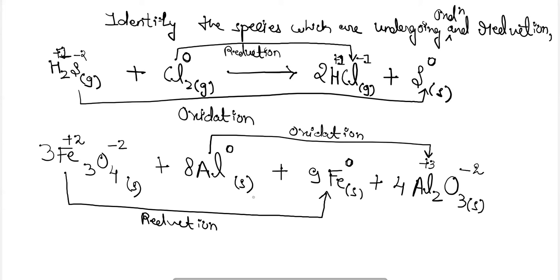So oxygen has neither undergone oxidation nor reduction. Like this we have to identify the oxidation reaction or the reduction reaction. Now let's find out the oxidation state of the different atoms which are present.